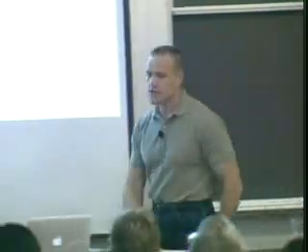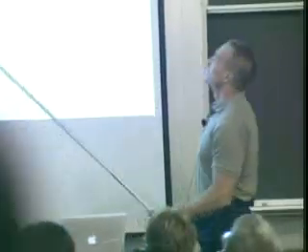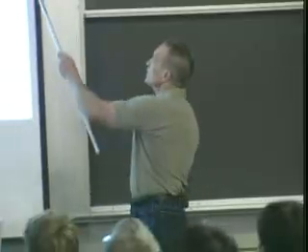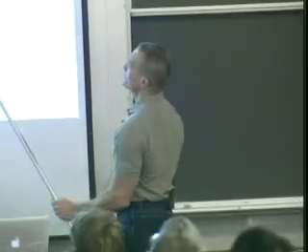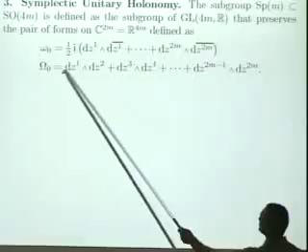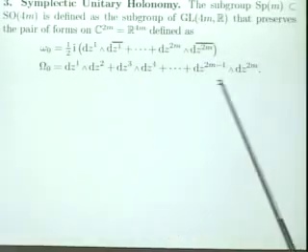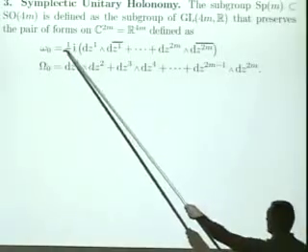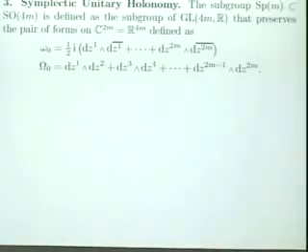So the symplectic unitary holonomy case, that's the case I want to talk about now. This is the subgroup of rotations that preserves a complex symplectic form and a Kähler form associated to that complex structure.